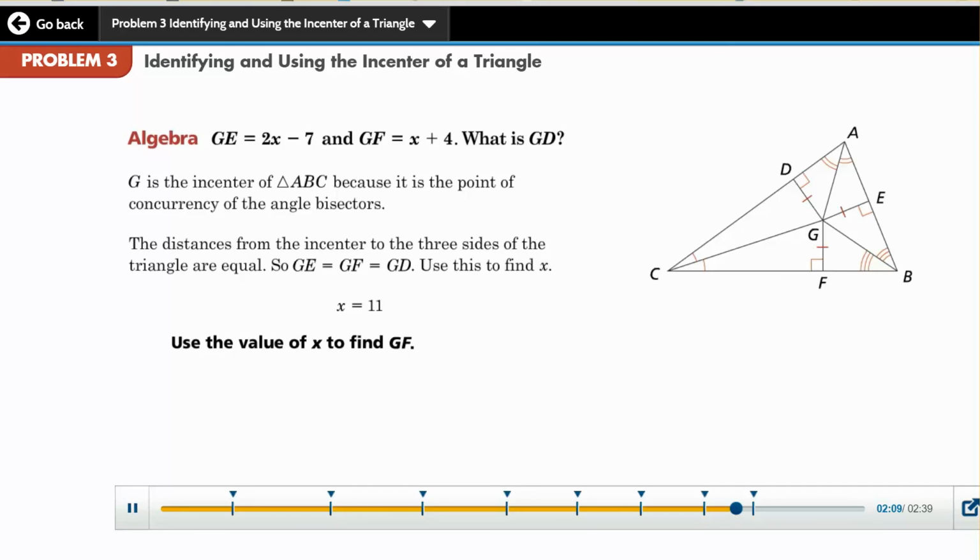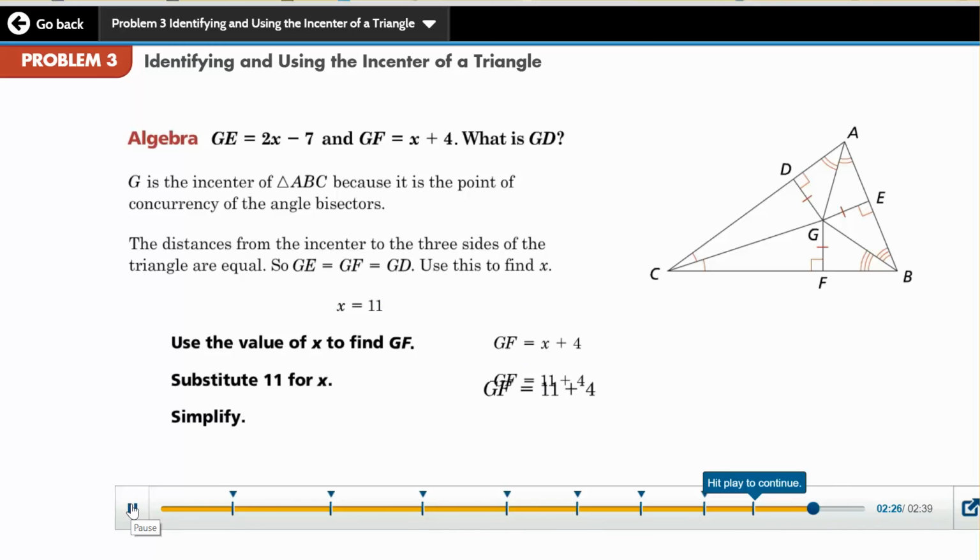Now use the value of x to find the length of segment GF. Substitute 11 for x. Then simplify. Since the length of segment GF equals the length of segment GD, the length of segment GD equals 15.